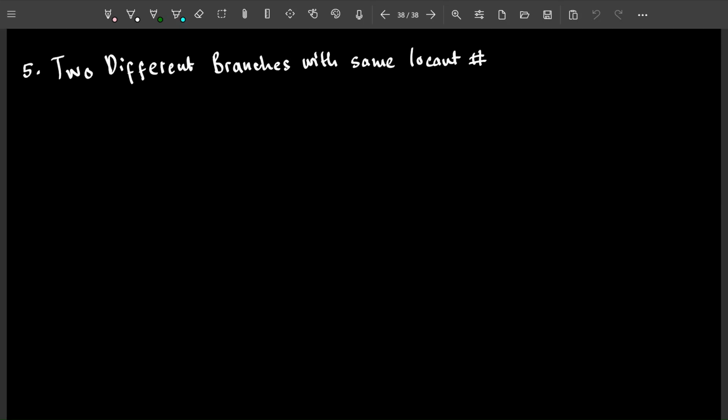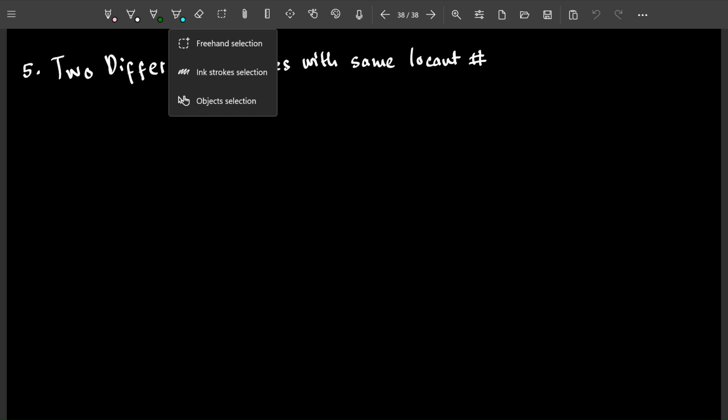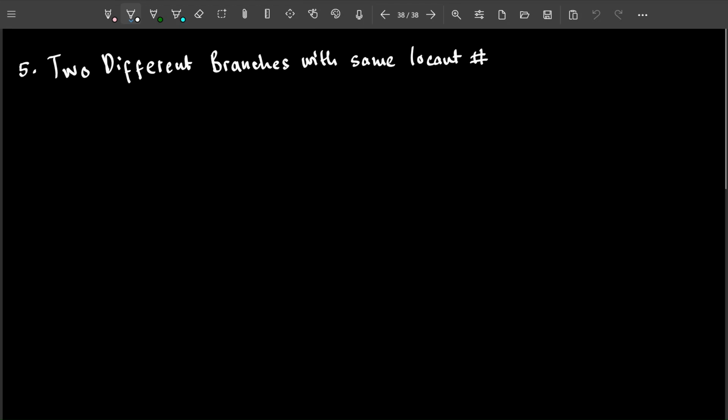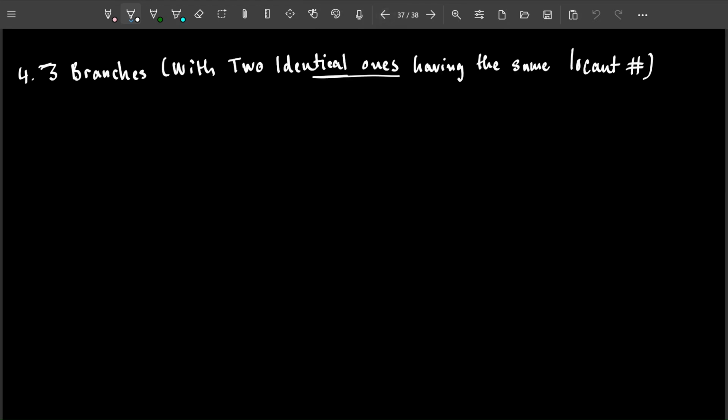I'm trying to paste. Come on. Let's see if I can paste. I'm failing to paste. No problem.